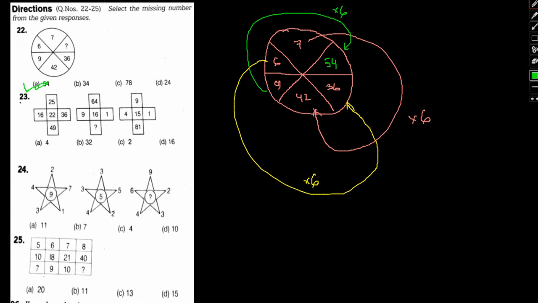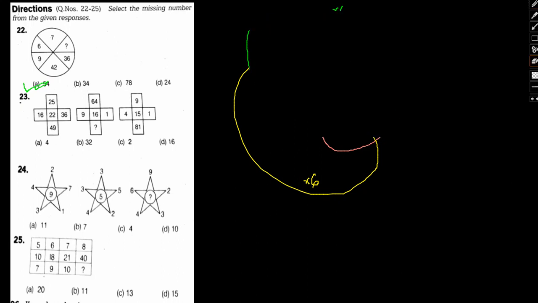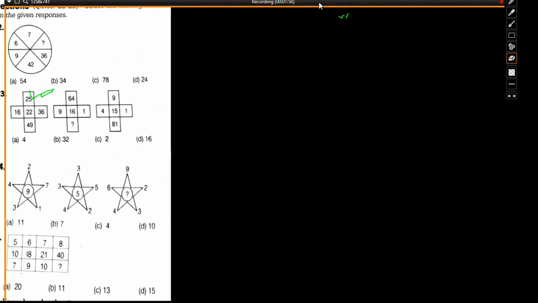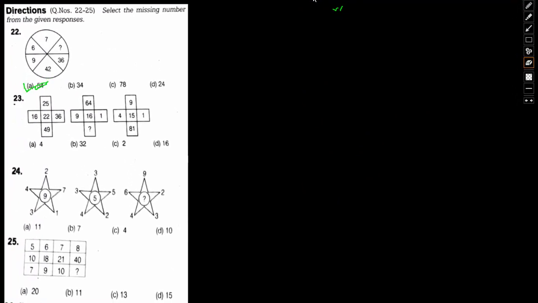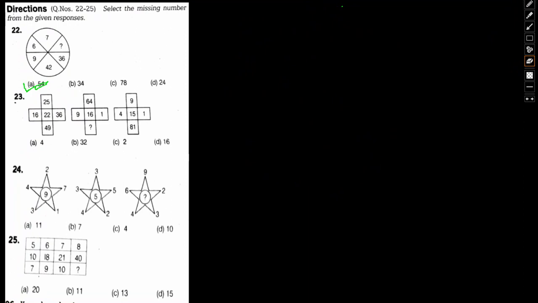So with that said, let's move on to question number 23. So question number 23, we have been given another puzzle basically with a set of numbers. So let's take a look at this. Here's the first one.